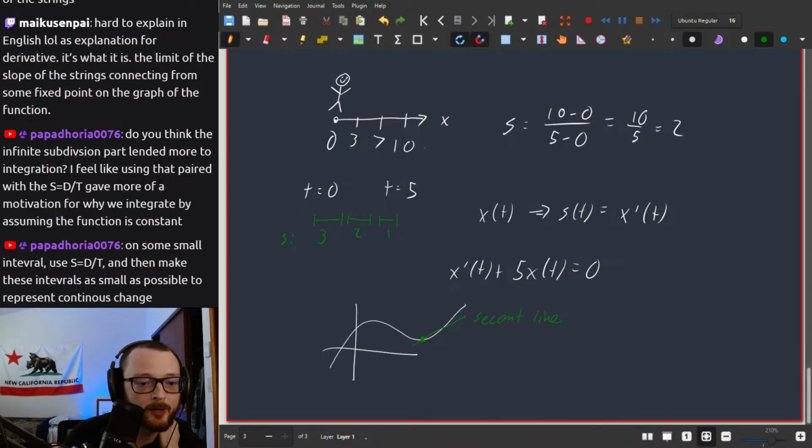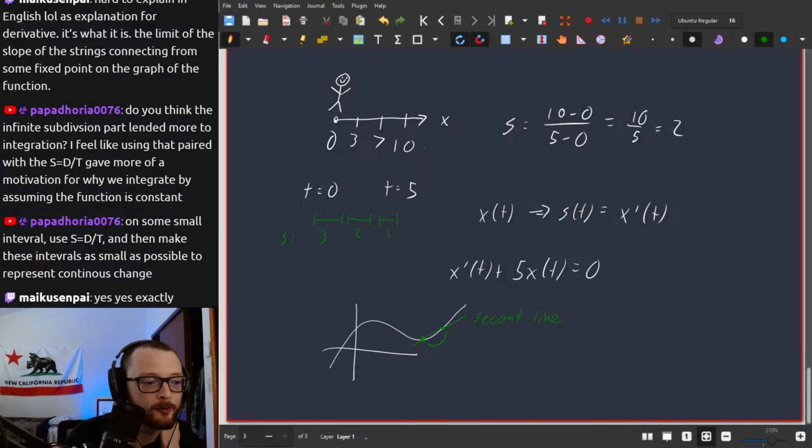And in the limit, as you bring this other point closer, you get your tangent line. Yeah, that's what I usually go with. It felt a little bit too mathy, and I wanted to try to make it more intuitive, but I don't know. I think it was not mathy enough.